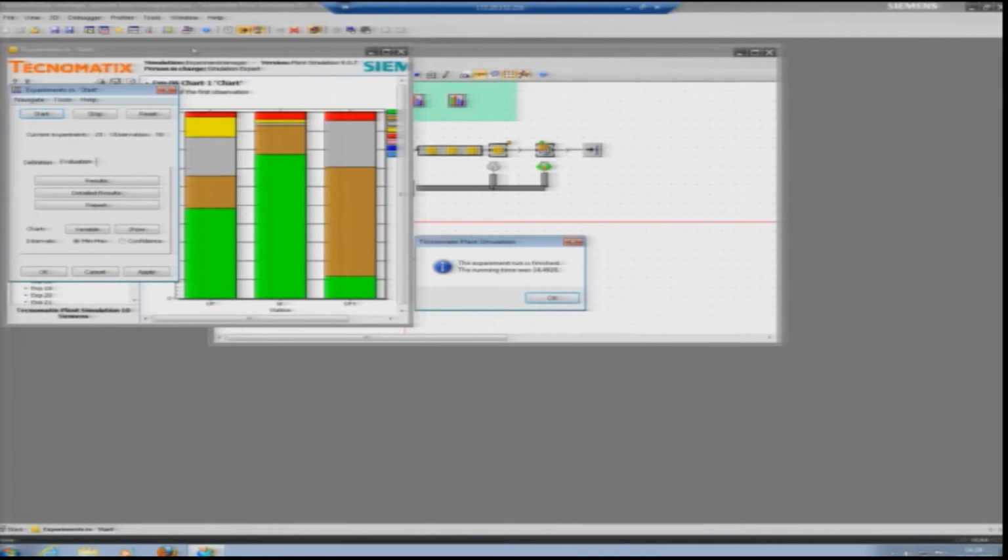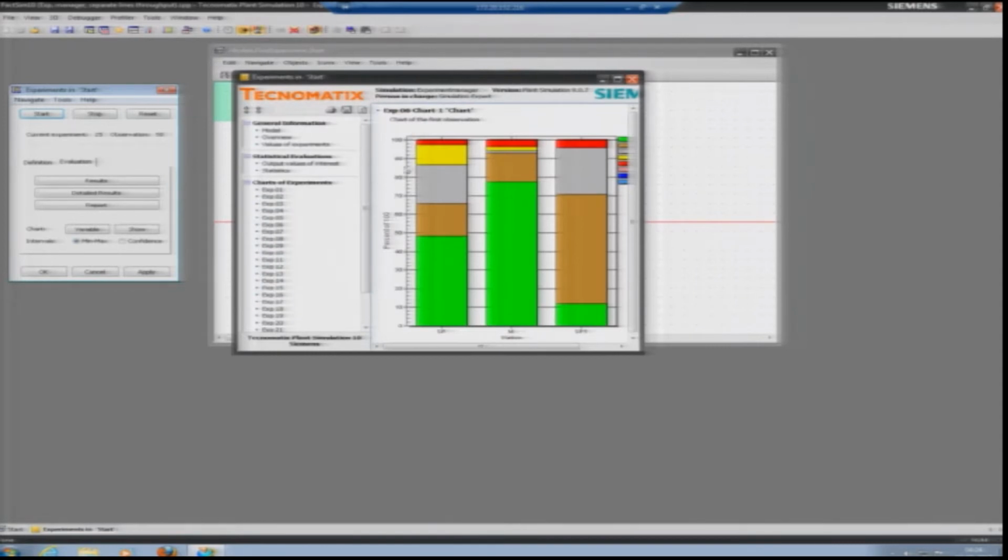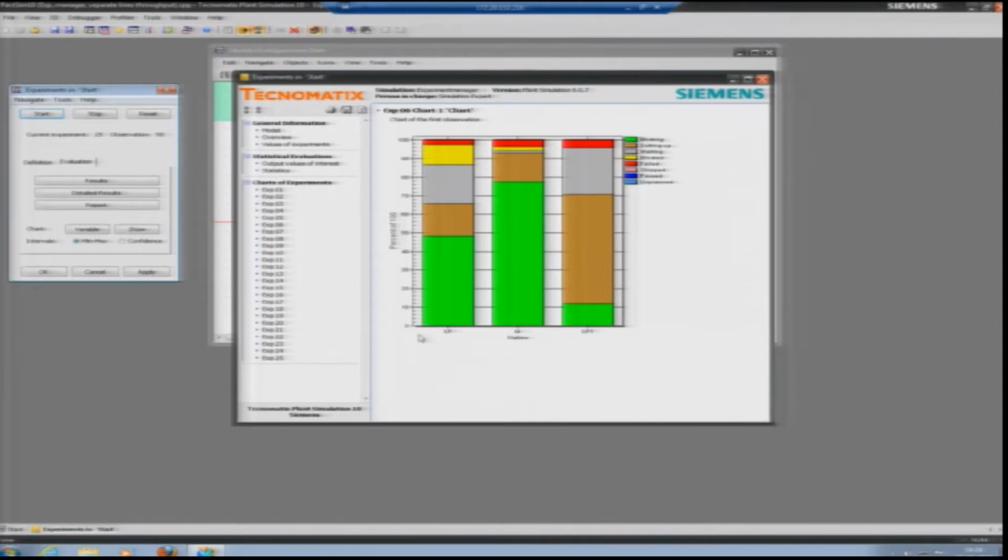So, we have this report here. It is giving a dialog box: the experiment run is finished, and the running time was this much. We have obtained a report here, this is chart 1. The processes are not named here, this is single process 1, this M stage is a single process.